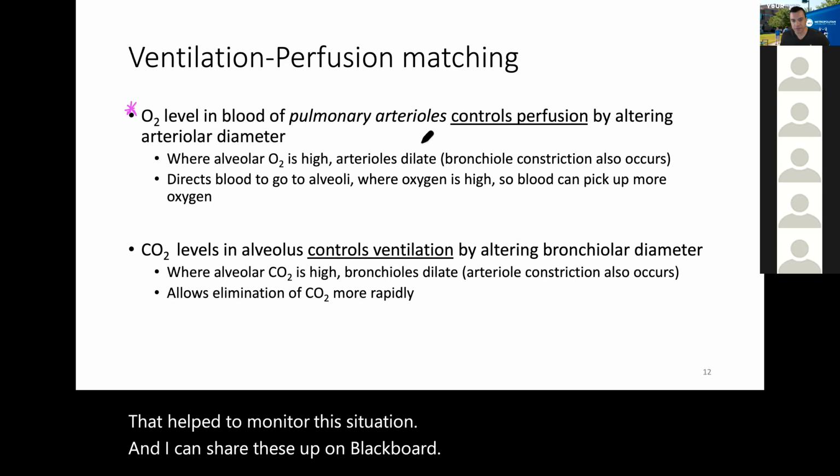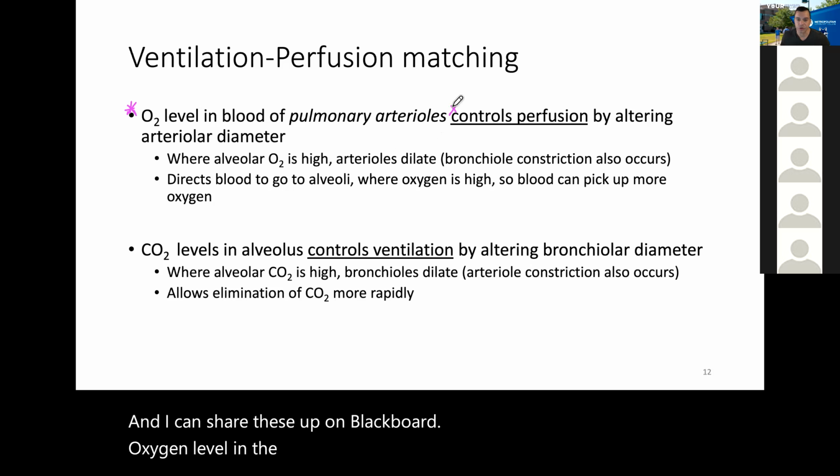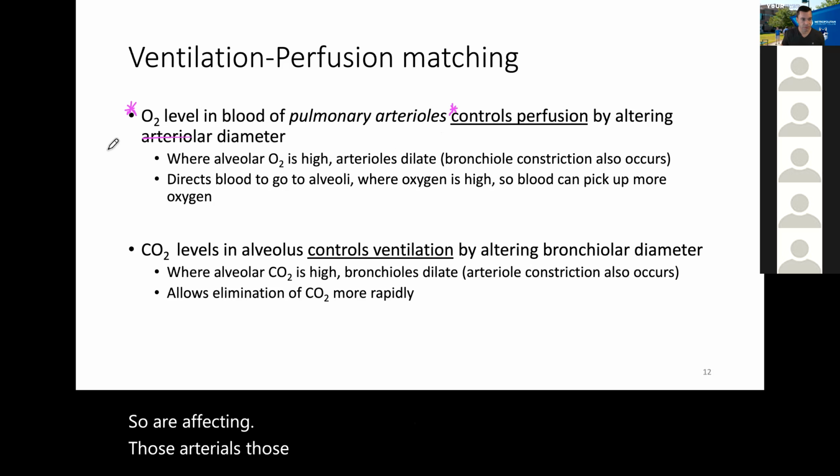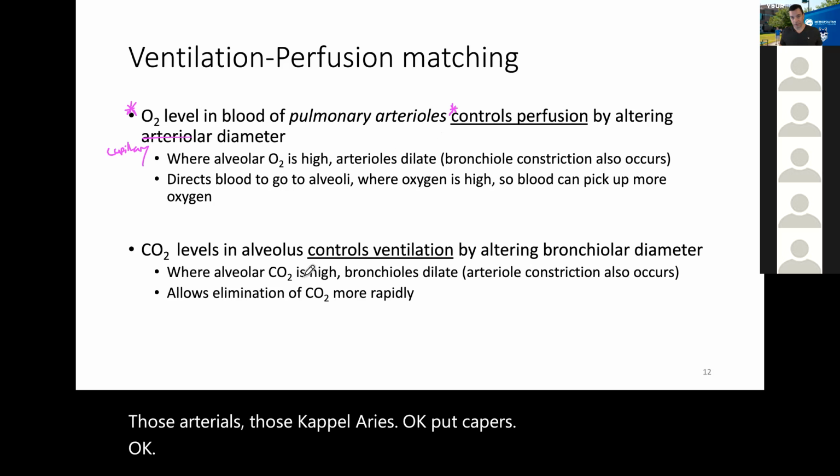Oxygen level in the blood is going to help control perfusion. So we're affecting those arterioles, those capillaries. Where alveolar oxygen is high, arterioles dilate. So let's think about this.